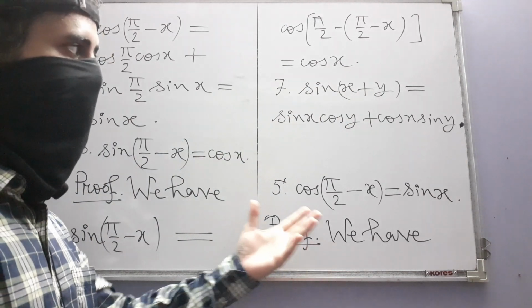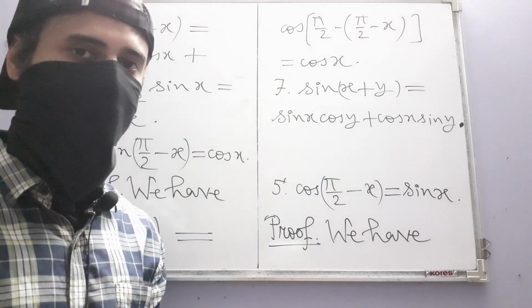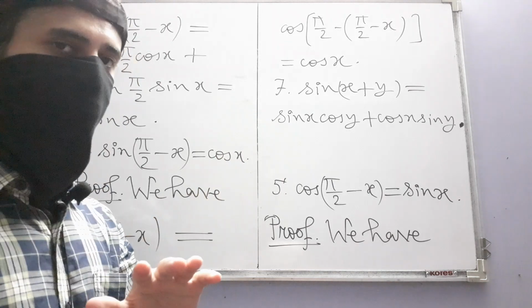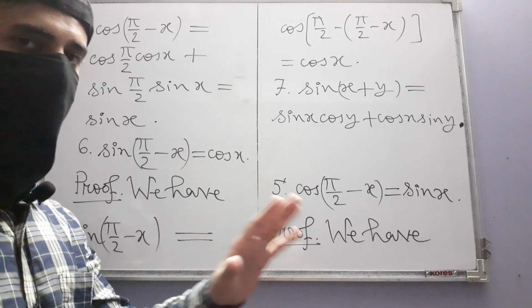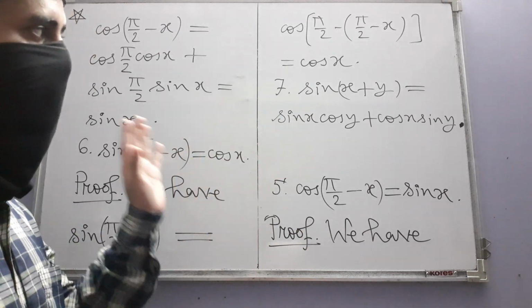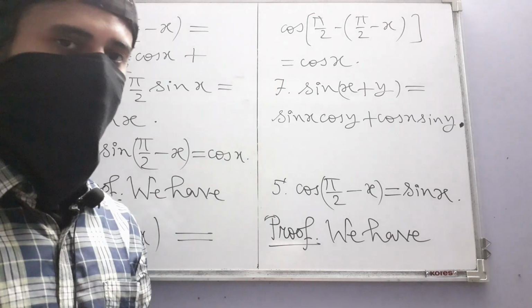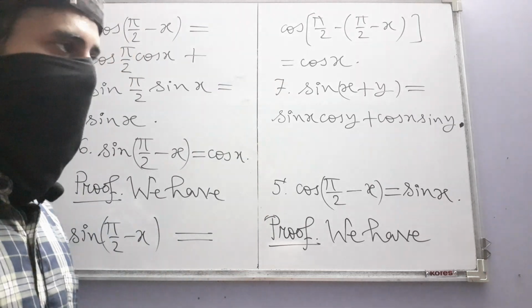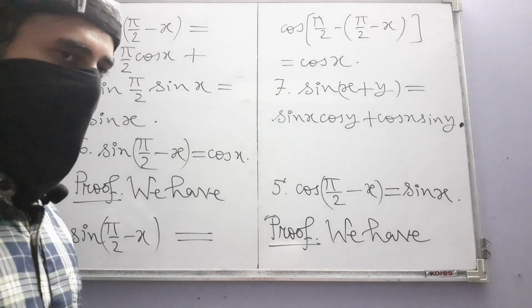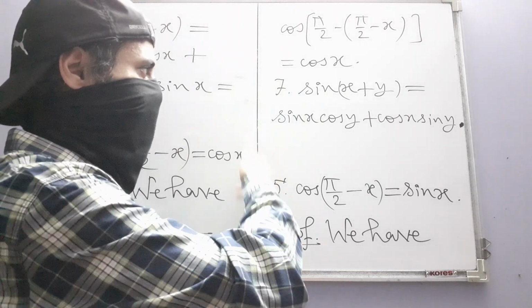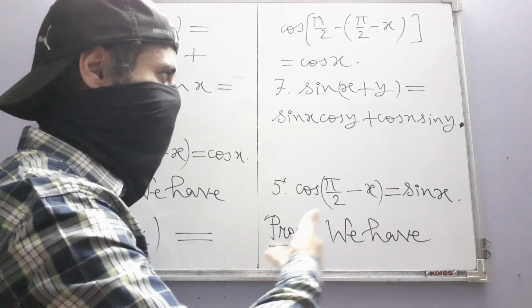You can devise many ways of remembering these formulae, but in the beginning itself, you should not bother too much about ways of remembering them. Okay, you just have them the way they are and use them again and again, instead of blindly memorizing like a chanting, like sine x plus y is sine x cos y plus cos x sine y.